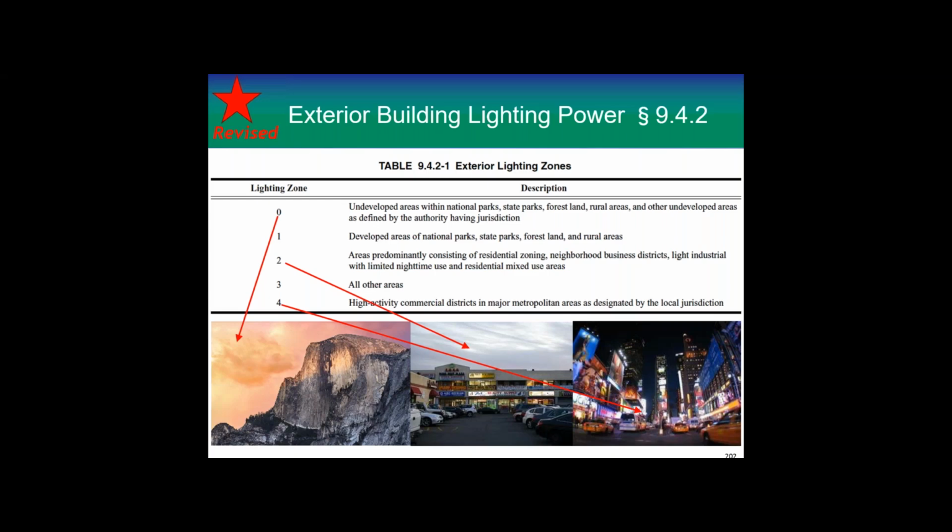Now, inside the national park, there may be a place with lodges, etc., and we do allow those to be lit by lighting zone 1. Lighting zone 2 is residential neighborhoods. Lighting zone 3 is all other areas, and lighting zone 4 is highly active commercial districts in major metropolitan areas as designated by the local jurisdiction. That would be like Times Square or the Strip in Las Vegas, something like that.